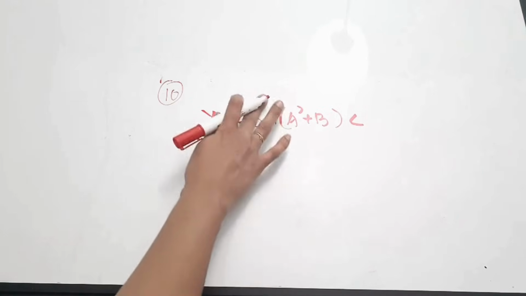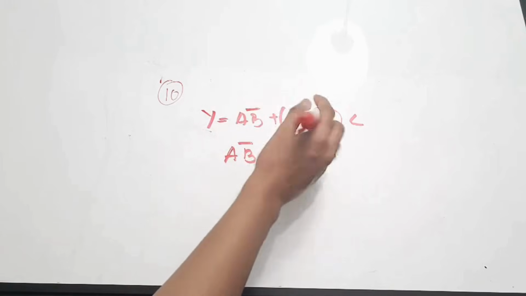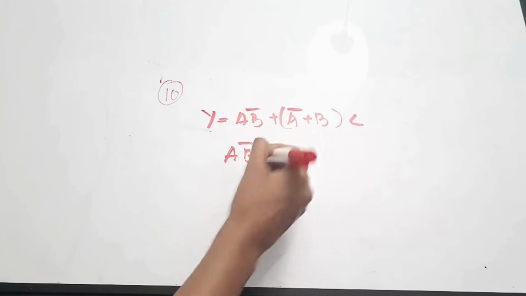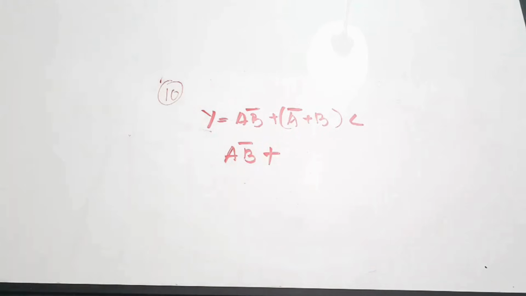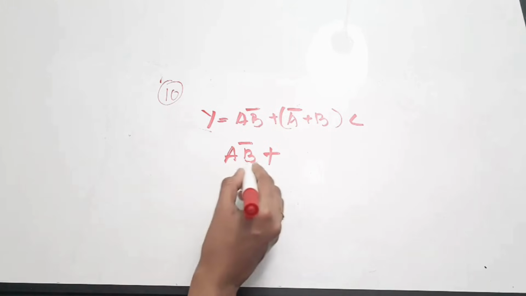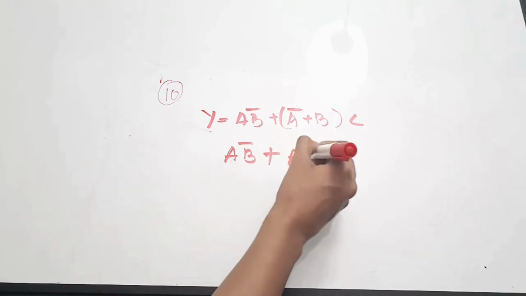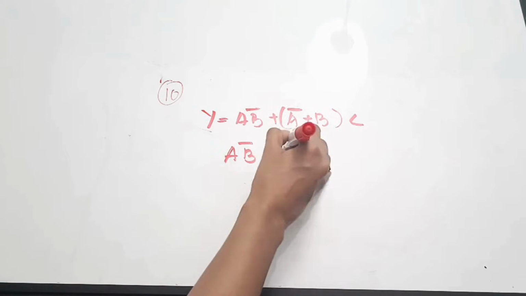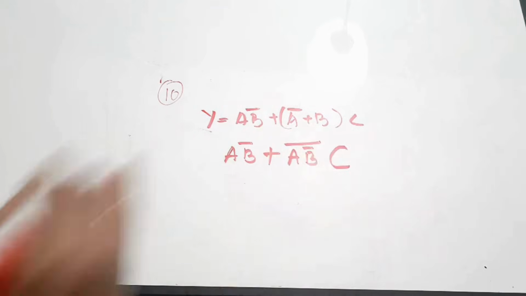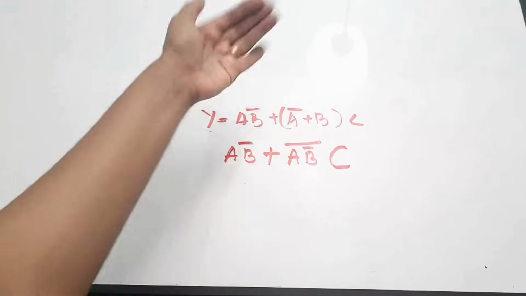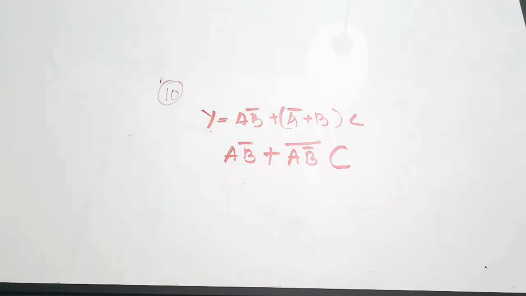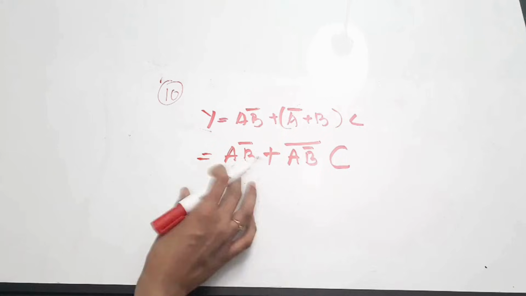I have changed the complement signs. I'm going to give a bar. You can use either bar or the quotes, anyway. So A, B complement plus A, B complement the whole complement into C. Okay, so this is the expression. If you put a double complement and apply De Morgan's to that, you will get an expression like this.